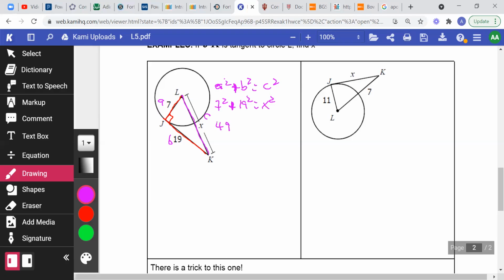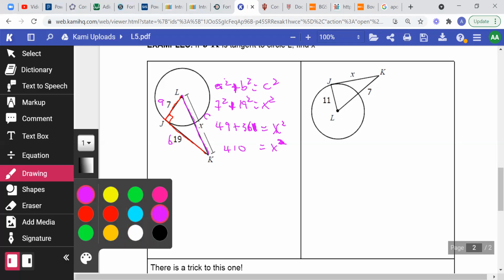What is 19 squared? 19 times 19. 361. And when you add them, what do you have? 49 plus 361 is 410. And here we have x squared equals 410.